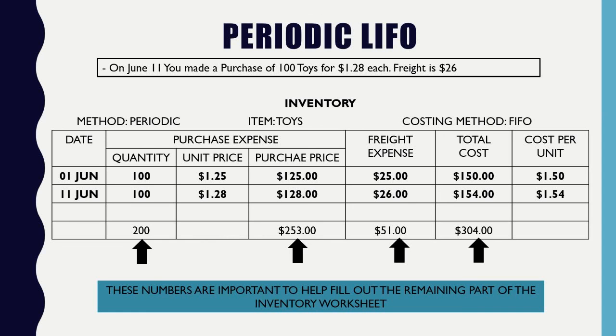This indicates that I purchased this batch first, because I bought it on June 1st, so that's my first batch. Whereas the latest one I bought was on June 11th. That's going to be the last thing that I bought. And when we determine whether it's LIFO or FIFO, FIFO is going to be the first in, first out.